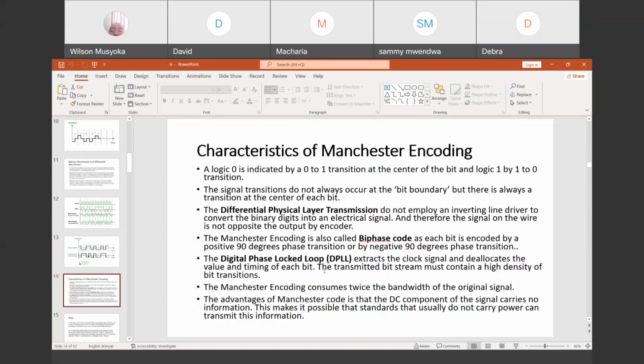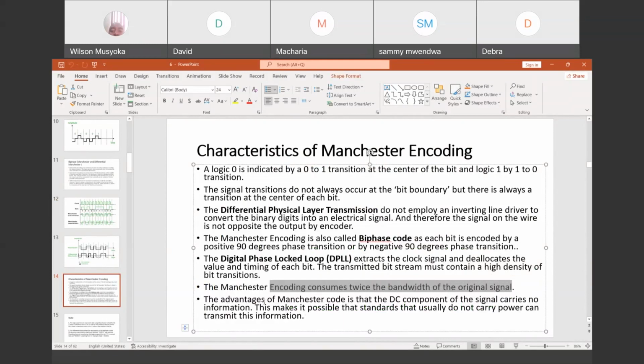So the transmitted bit stream has to contain a high density of bit transitions. It is going to consume twice the bandwidth of the original signal, but it is going to ensure that data is always delivered without any error or challenge.